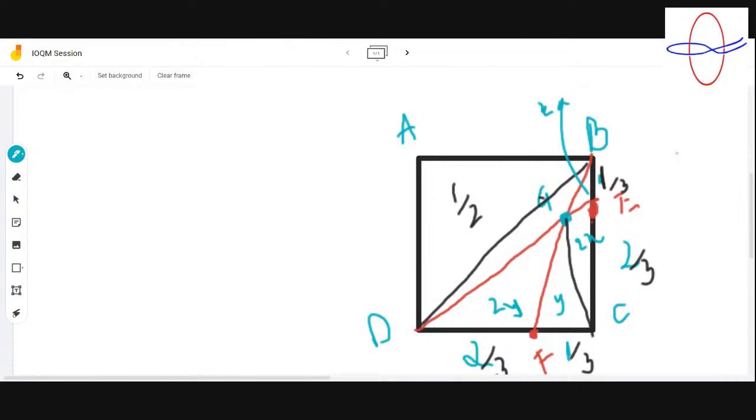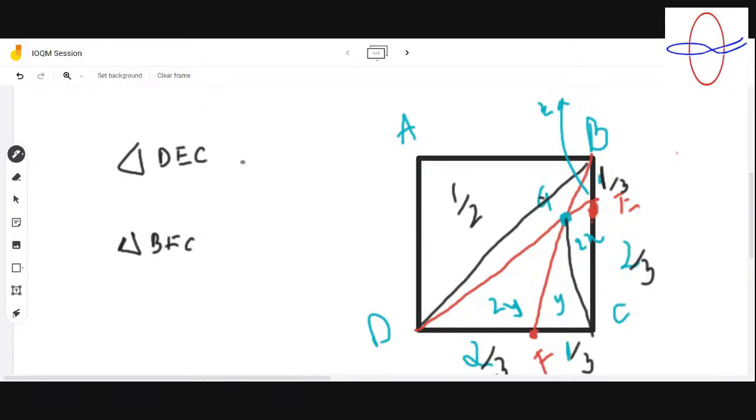So what's next? We know something about it, right? What do you know about the area of triangle DEC and triangle BFC?